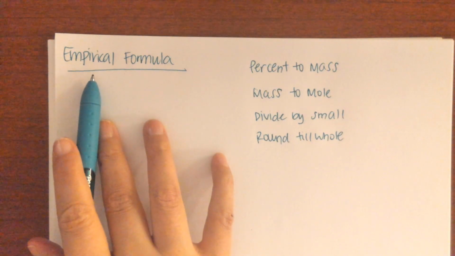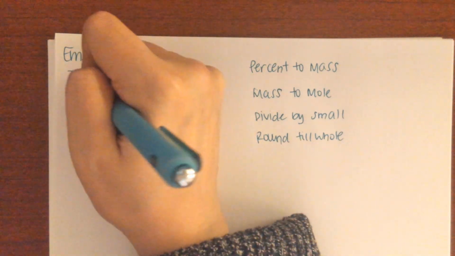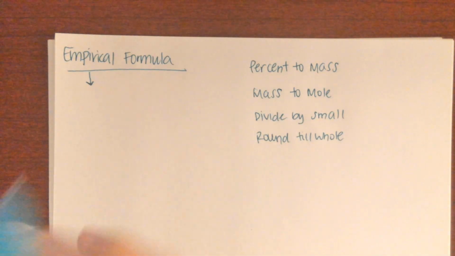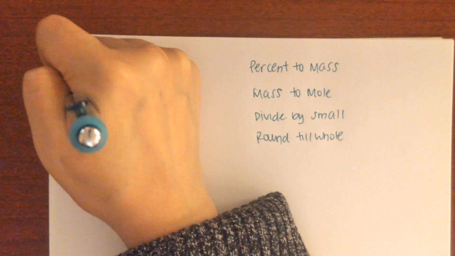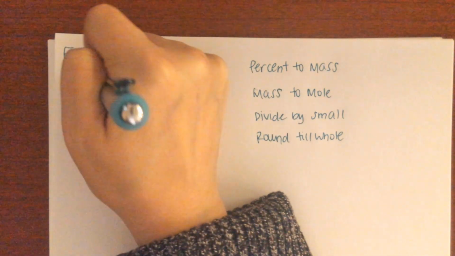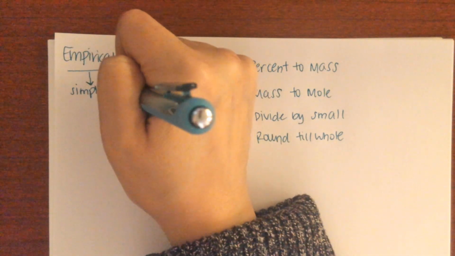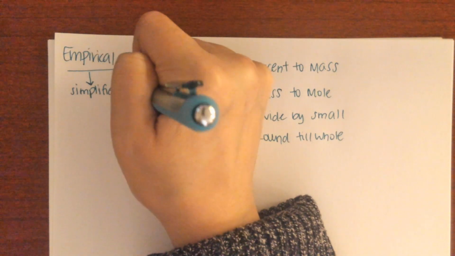So again, empirical formula, my simplified definition of empirical is the simplified version, simplified compound.